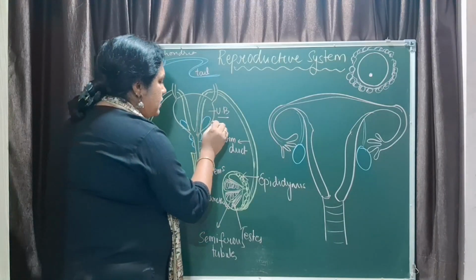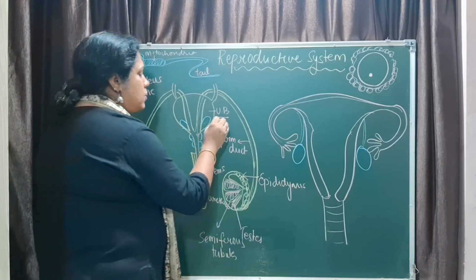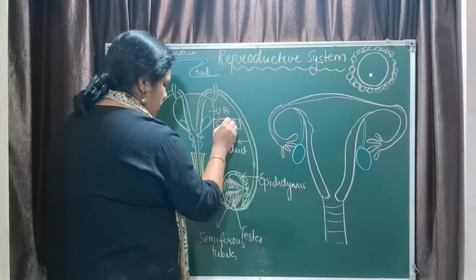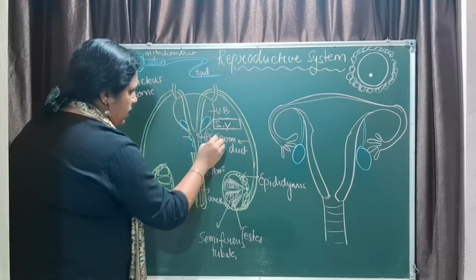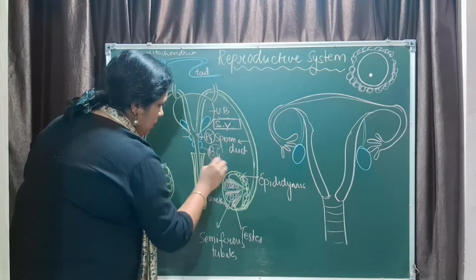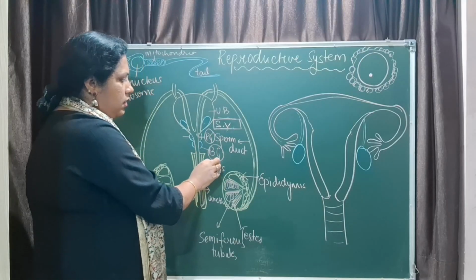Before that, it gets in contact with three glands. The first one is the seminal vesicle, the second one is the prostate gland, and the third one is the bulbourethral gland.